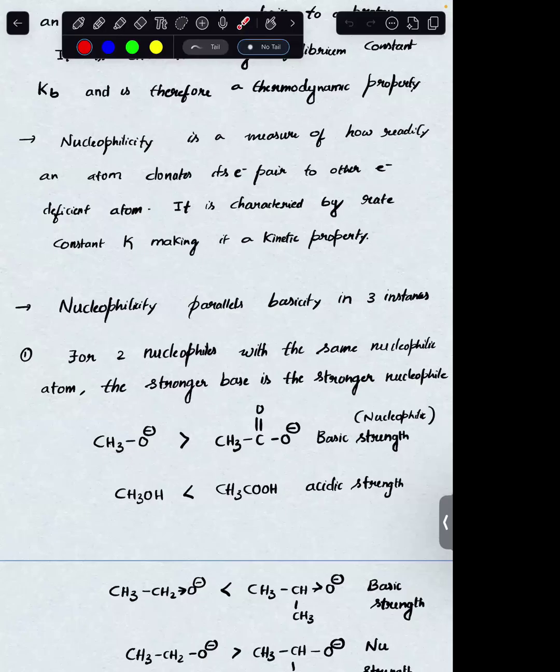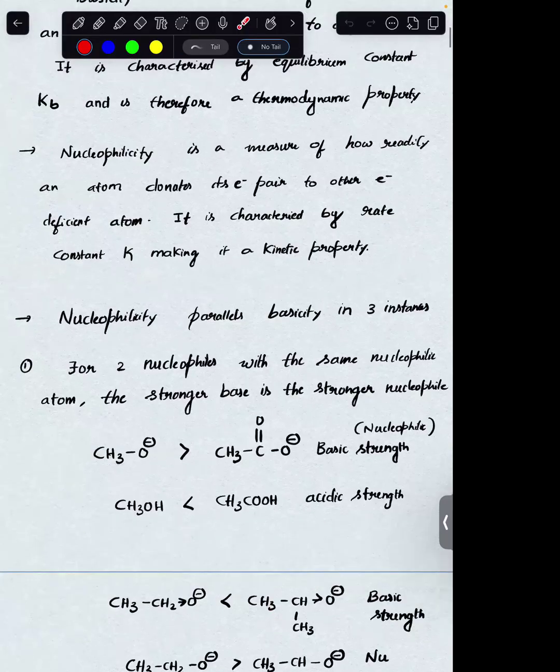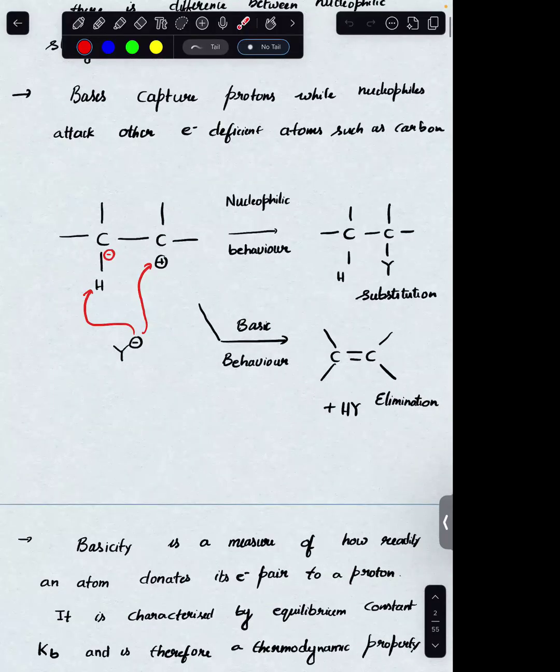Agreed? Whenever this has become a bulkier base, if it has to act as a nucleophile, during nucleophilic behavior, what is happening? The negatively charged species has to orient itself along the direction of the p orbitals, and then it has to attack on that particular carbon. Agreed?